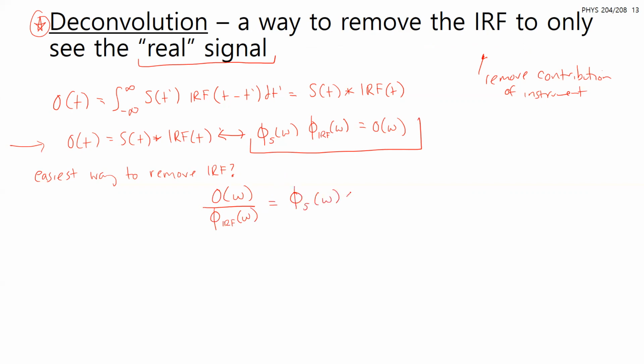And then we can take the Fourier transform of that and get only our signal out. This is what I meant by having the real signal, just having S of t here. So this is what we mean by deconvolution, so that we can divide this out and then get it in the time domain.